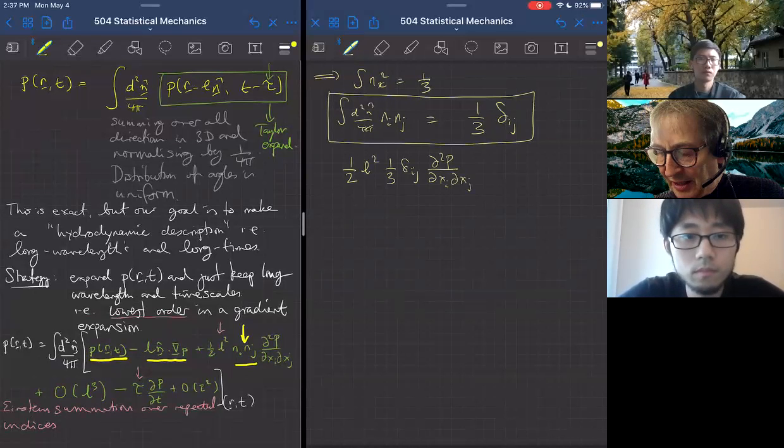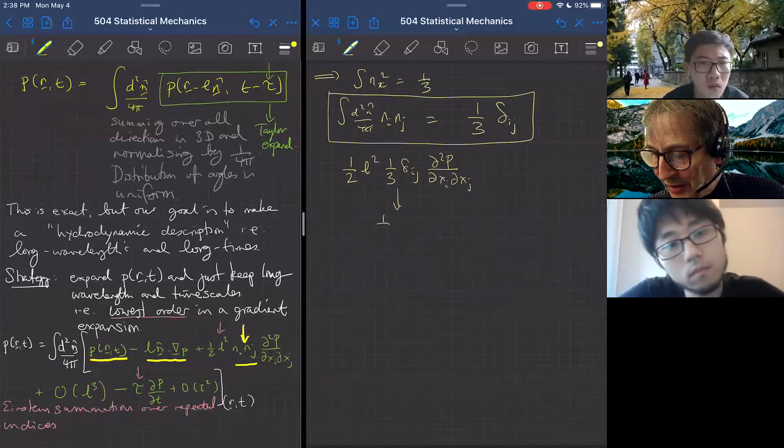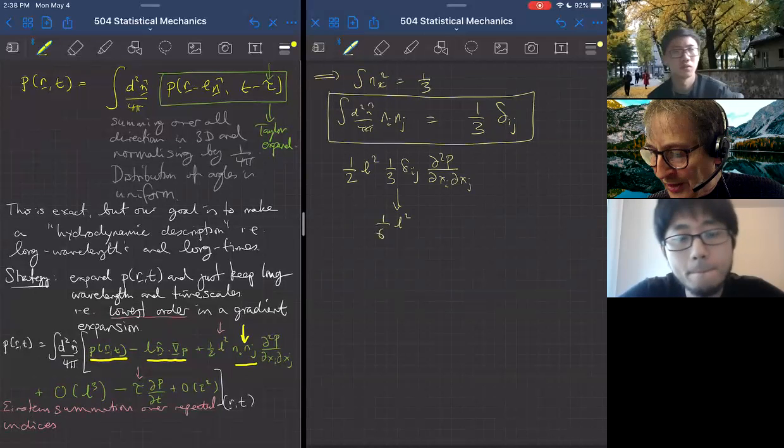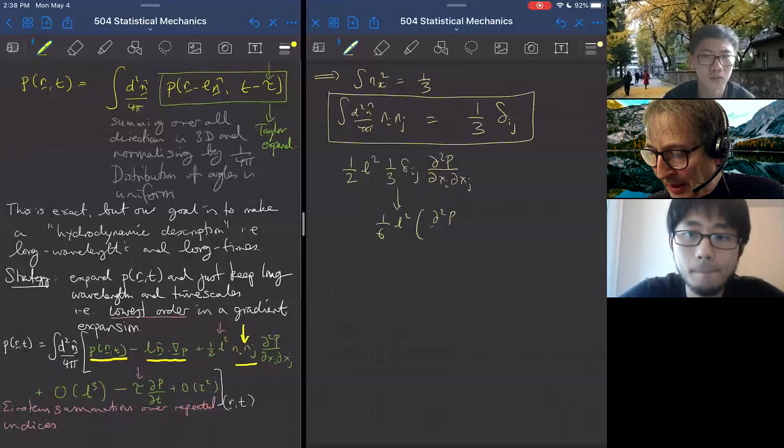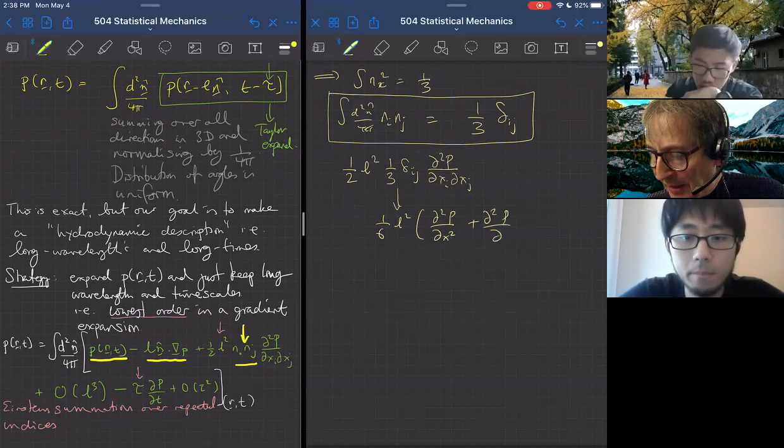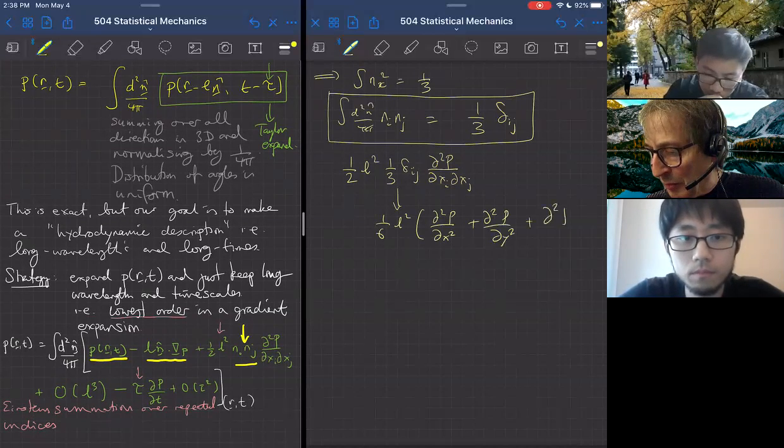And in this expression, the i's and j's are summed over, and so this thing is 1/6 L squared times d2p by dx squared plus d2p by dy squared plus d2p by dz squared.